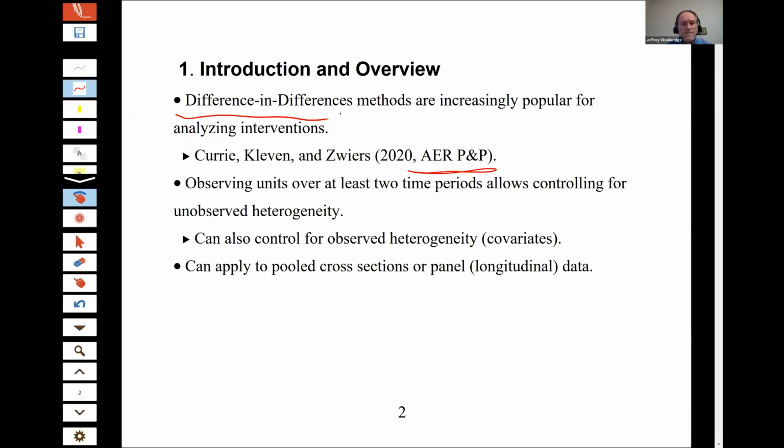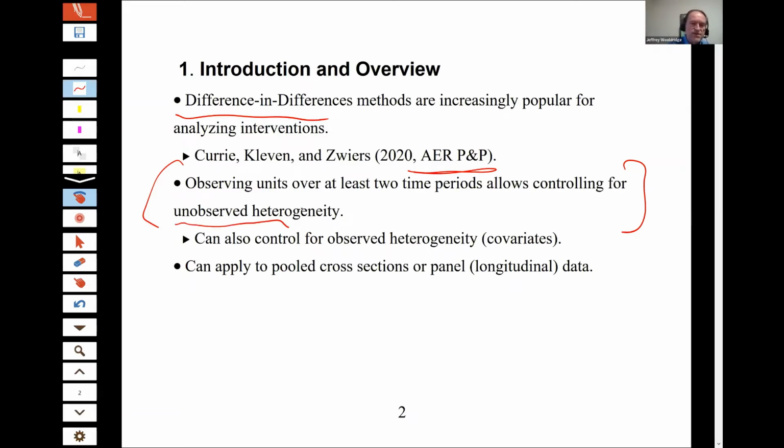The idea, of course, is that if we have at least 2 time periods, where we observe outcomes on units prior to an intervention, and then an intervention occurs, and then we see the outcome, that allows us to do some things in economics.